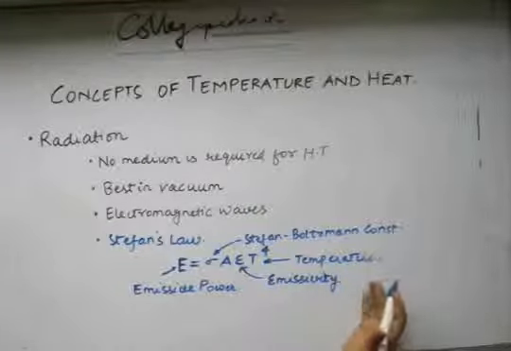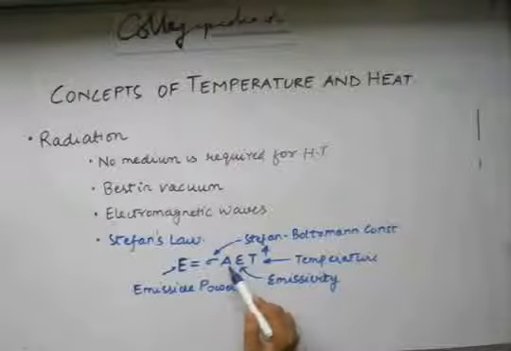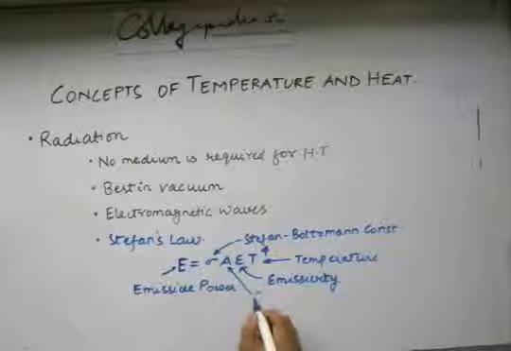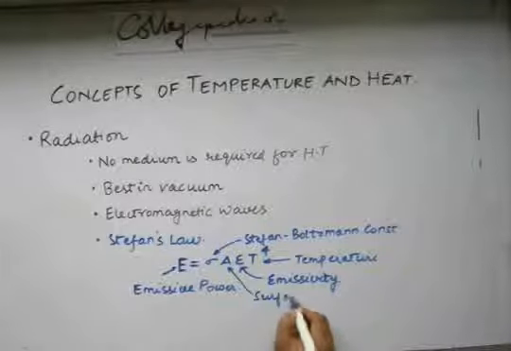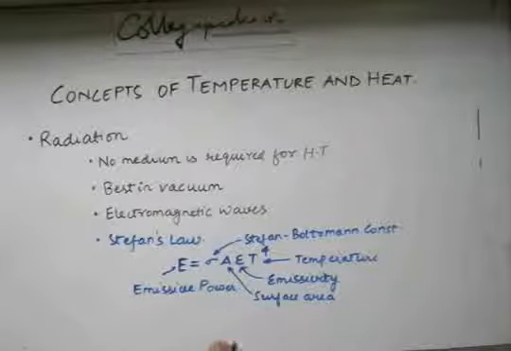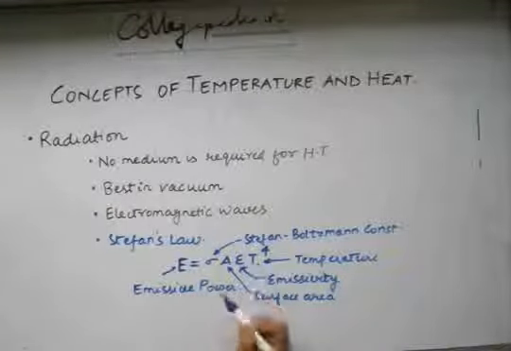So if we have a body at temperature T and with emissivity epsilon, A being the surface area exposed, then the emissive power or the rate of energy lost by that body through radiation will be equal to sigma A epsilon T to the power 4.